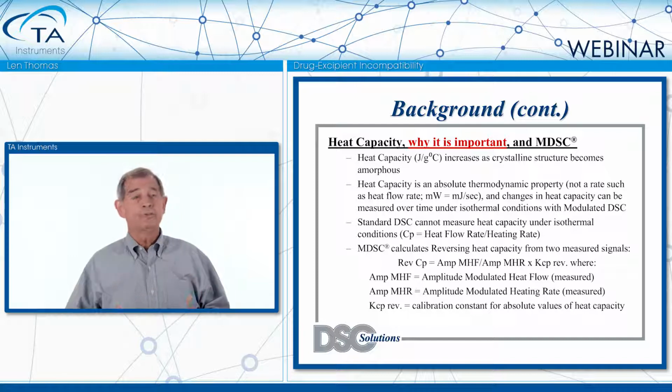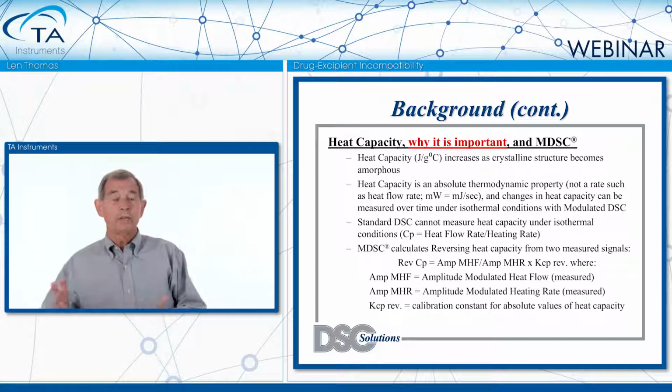And there's a big difference in the heat capacity between crystalline structure and amorphous structure. And generally, the heat capacity changes by as much as 50% on average. So we have a big change in heat capacity that is easily followed using the modulated DSC isothermal technique.